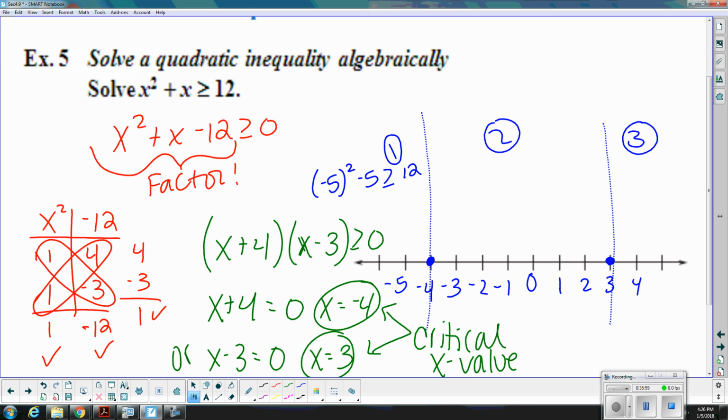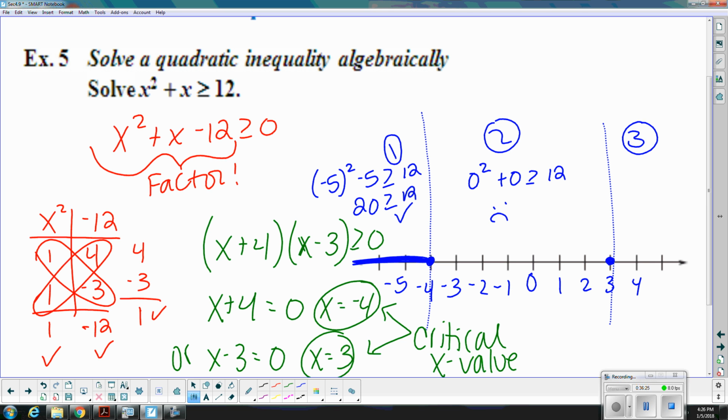Well, 25 minus 5 is 20. 20 is greater than or equal to 12. Yes. So this is a solution. What about 0? Is 0 squared plus 0 greater than or equal to 12? No, it's not. So this is not a solution.